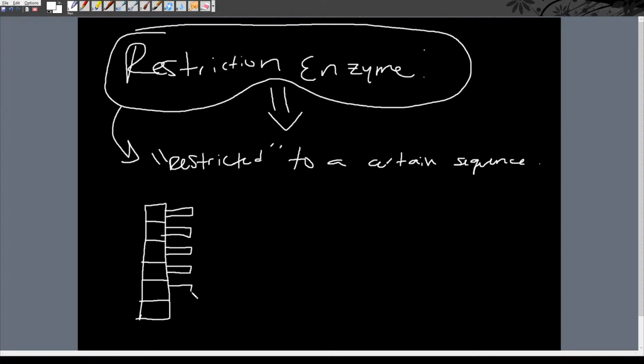Think of DNA like a ladder. And so some of these are going to be binded from the right side, and some of these are going to be binded from the left side, right? And then obviously we have the other kind of ladder for the DNA, and I'll just match everything like this.